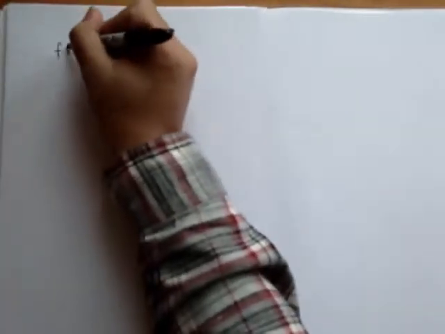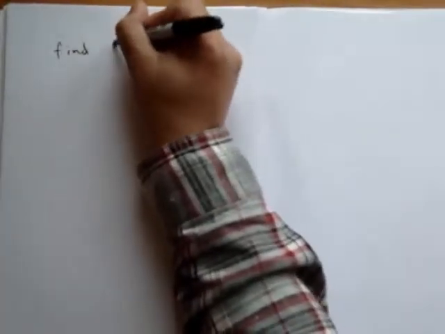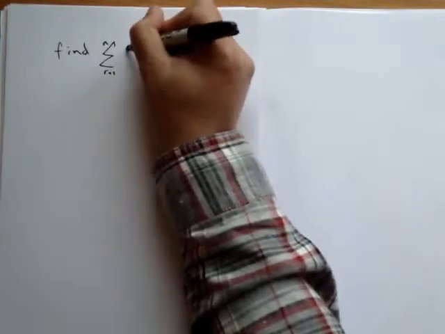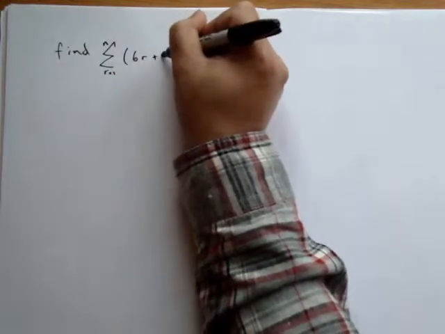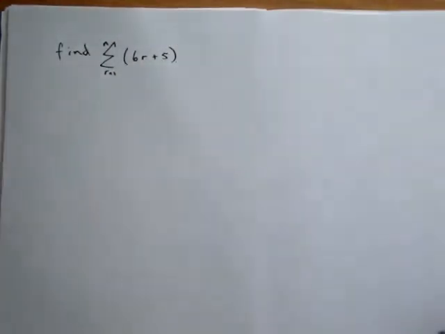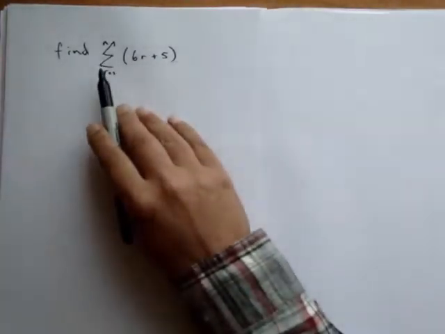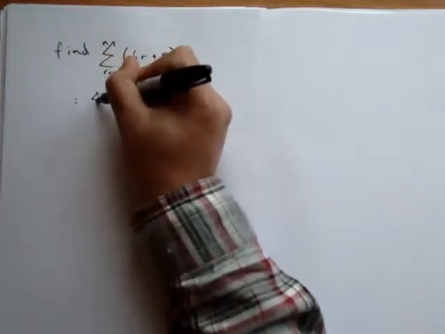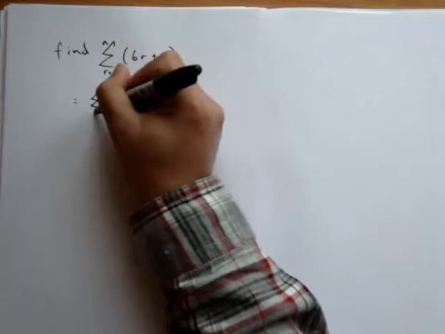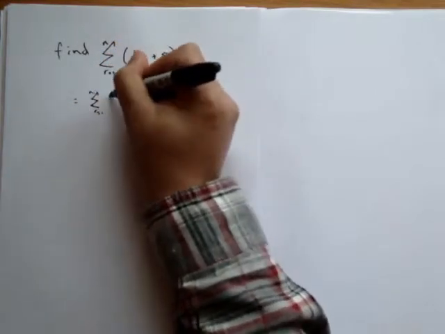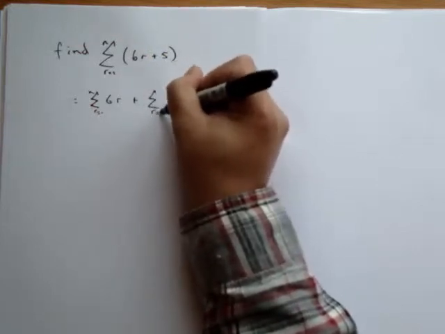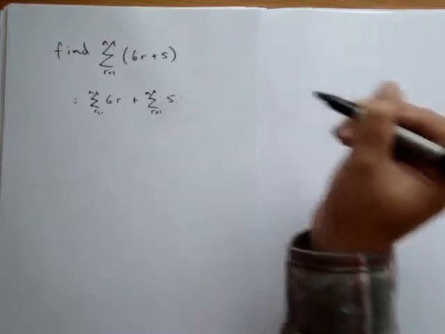A quick look at those two rules we've just discussed. So we're going to find the sum from r equals 1 to n of 6r plus 5. Using rule 2, we can split this into 2, so this becomes the sum from r equals 1 to n of 6r plus the sum from r equals 1 to n of 5.